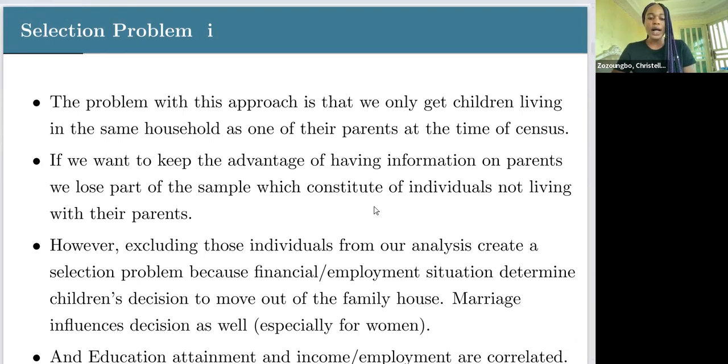But those individuals happen to be different from the one living with their parents in terms of financial stability or employment status. And so that creates a selection problem. And also another factor is that people not living with their parents are more likely to be married. And so those are factors that are actually correlated with education attainment. And so not considering those individuals can be problematic if we are doing intergenerational analysis using census data.